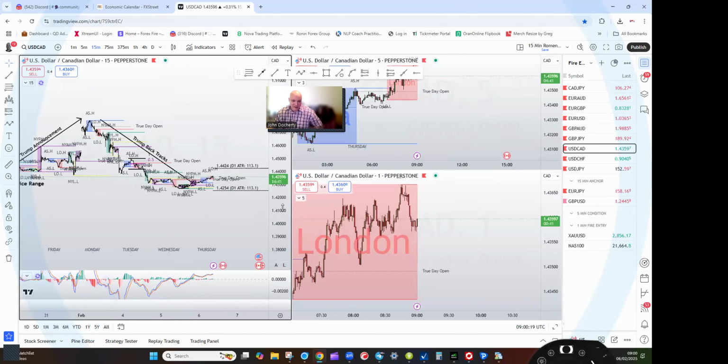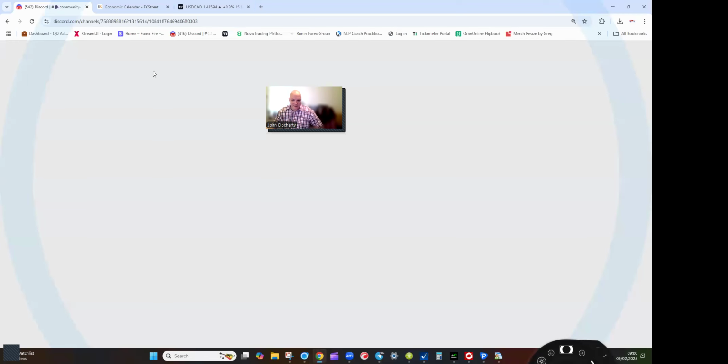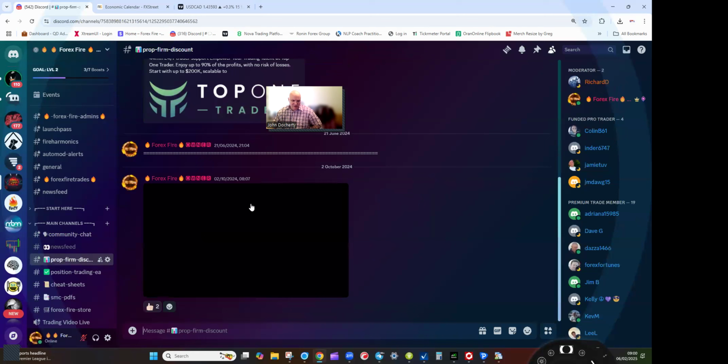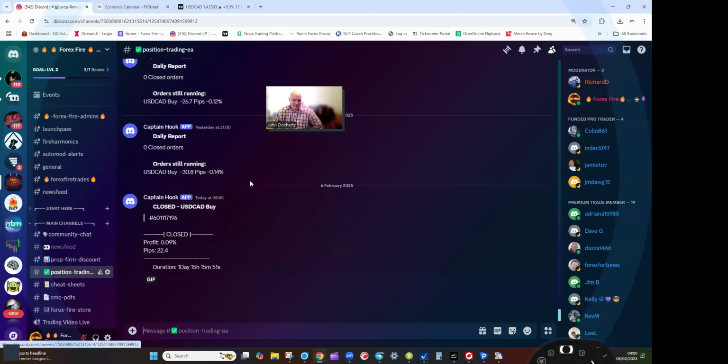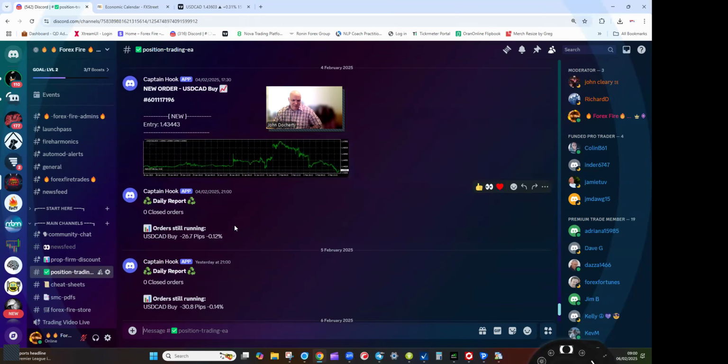I got stuck on a trade on this on the position trader the other day. I've just come out of it. If I just go into the Discord, I can show you that was in the position trader here. You can see here it opened an order for a buy. It got stuck in the downtrend a bit and prices came back to normalized. It was still running for 2 days.